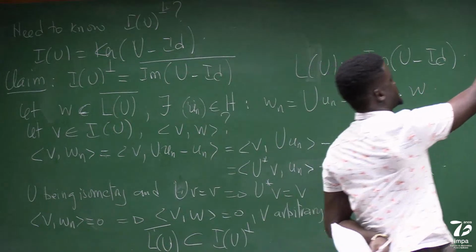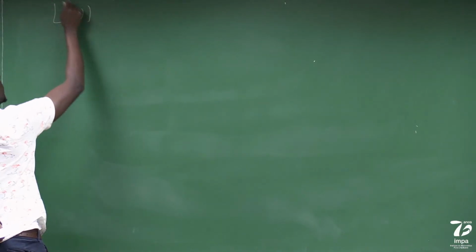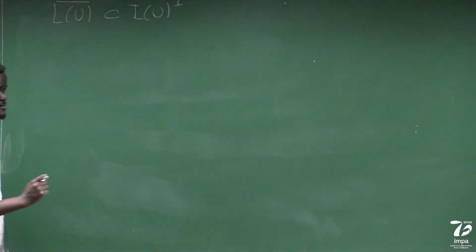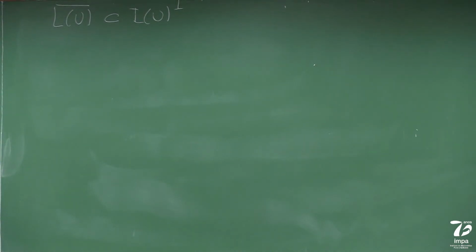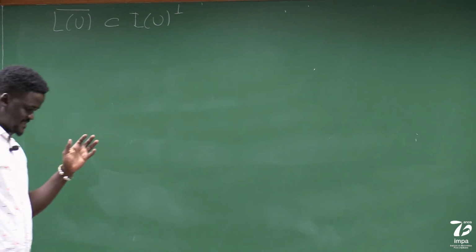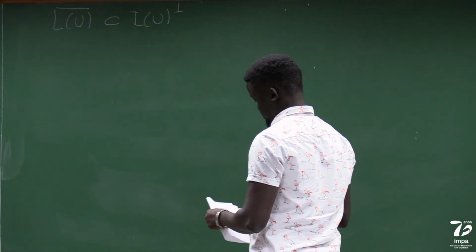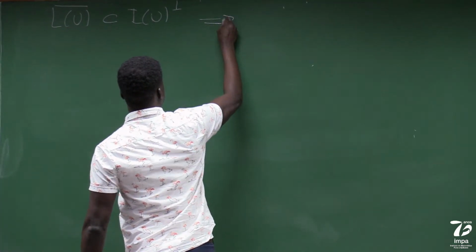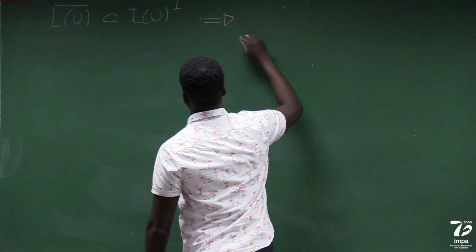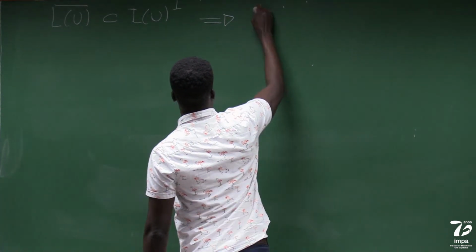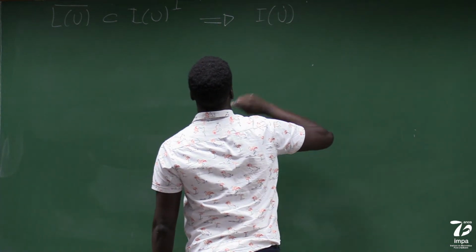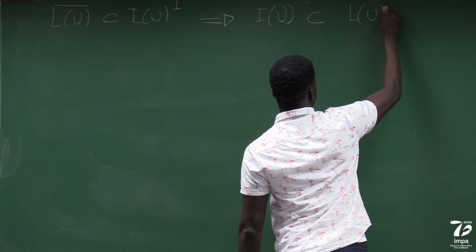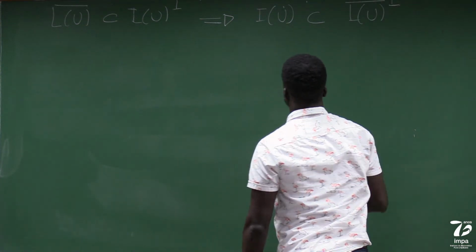So let me rewrite it here: L_U closure is a subset of I_U orthogonal. But see that when you go to the orthogonal of these spaces, this is equivalent to saying that I_U is a subset of L_U closure orthogonal.